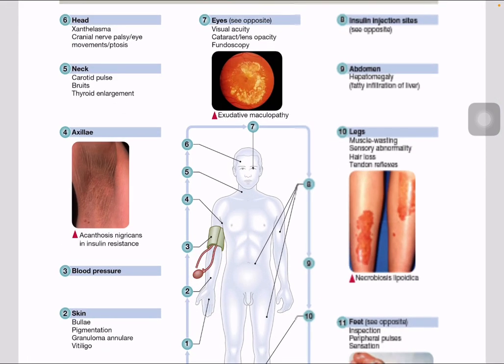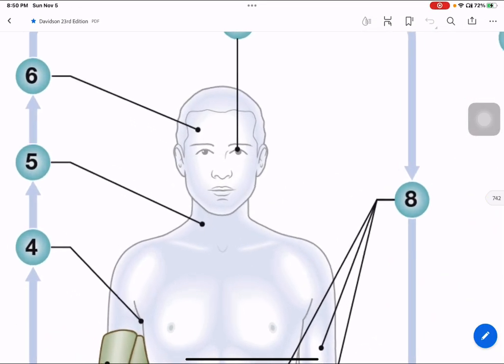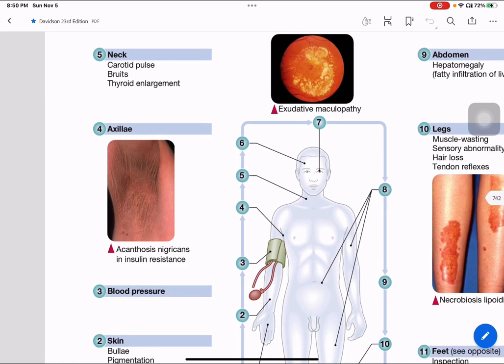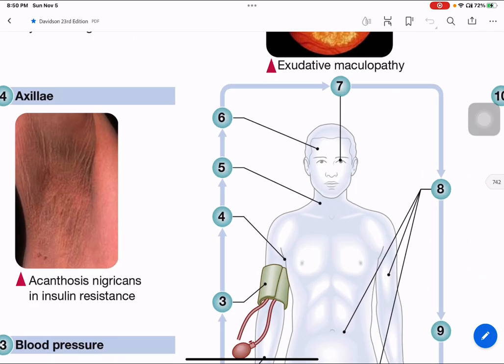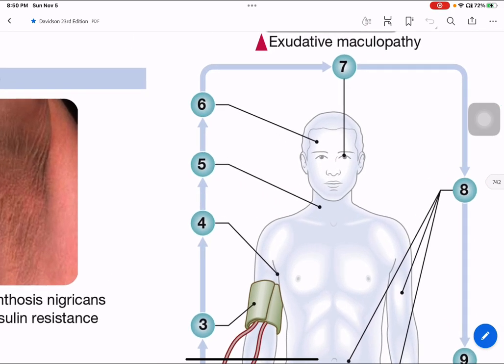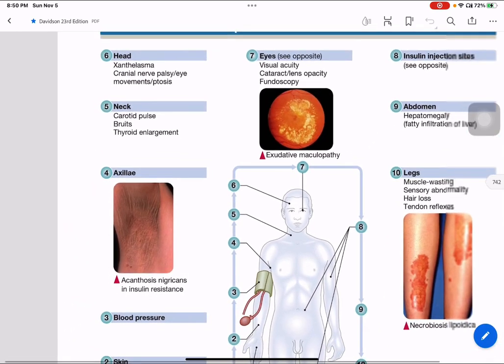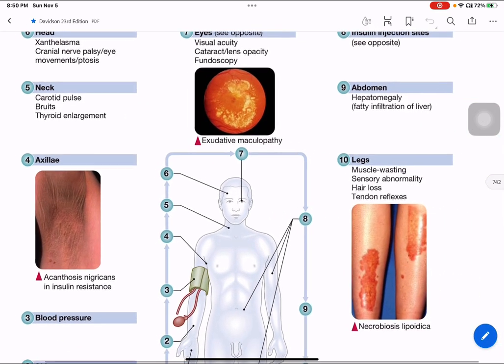In the neck we must look for carotid bruit, thyroid enlargement. In the eye, that is cataract, visual acuity, and in the fundus for retinopathy, and beside the eye we have to look for any xanthelasma.